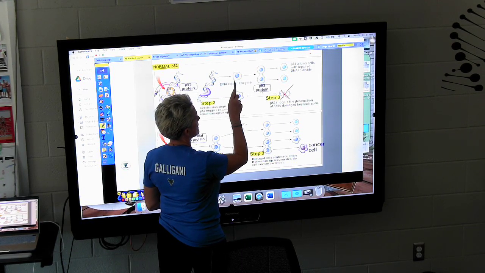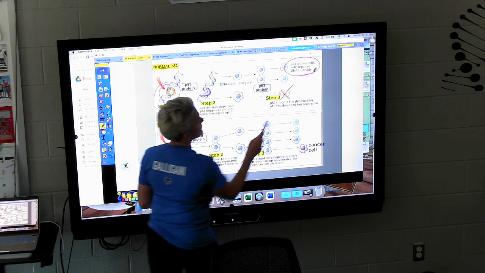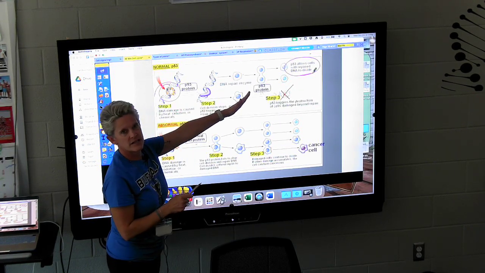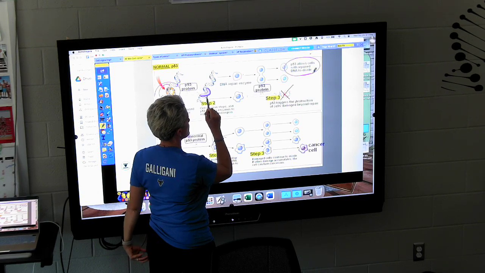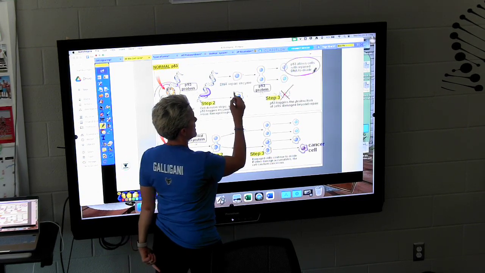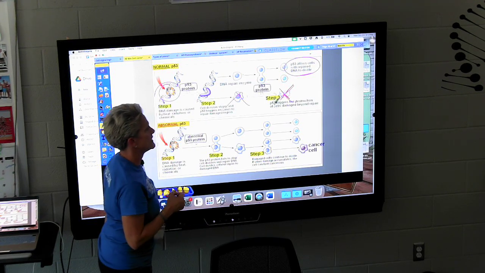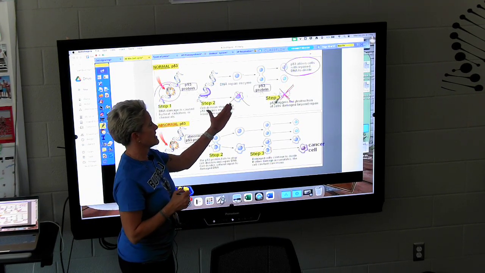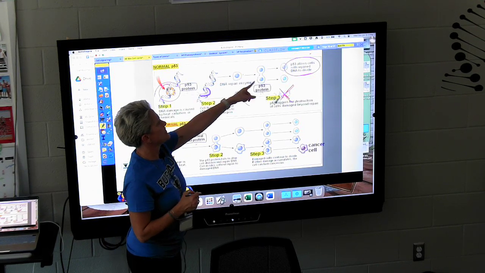Look here, this cell will divide normally because P53 said it's okay to divide. But here, P53 says, whoa, there's damaged DNA. I don't want this cell to divide. It triggers apoptosis.